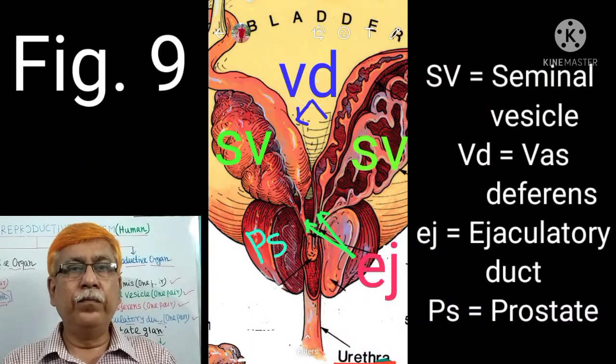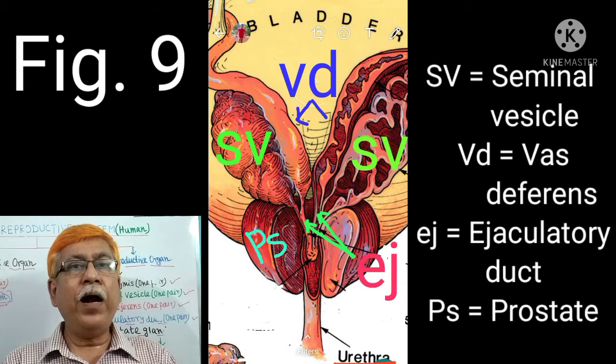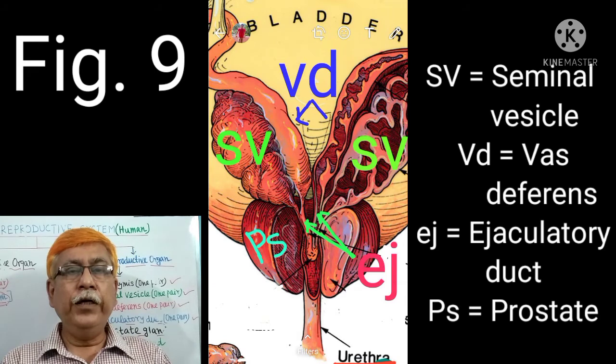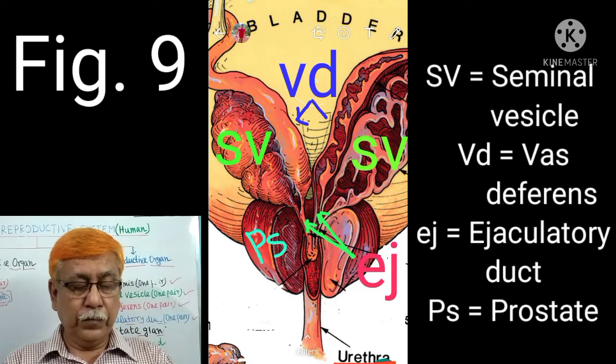Seminal vesicle. There are two seminal vesicles which lie on each side of the front portion of the urinary bladder. Each seminal vesicle unites with the urethra through the ejaculatory duct, here denoted by EJ.